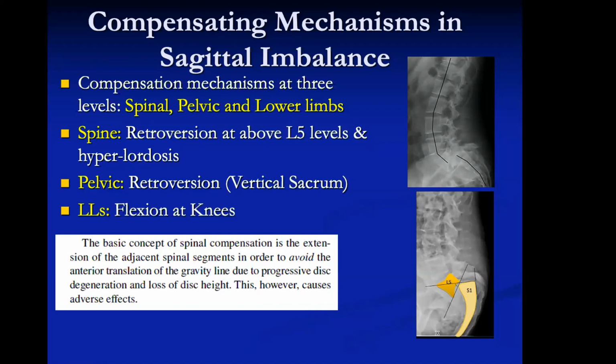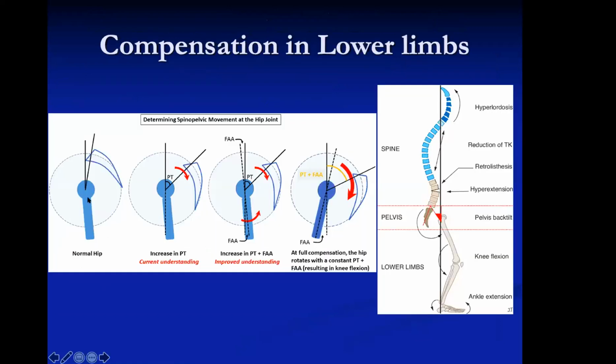When it goes beyond this, where does the compensation occur? It occurs at the level of the knee joint. As you see here, this is a horizontal sacrum. Gradually over a period of time, because of compensation, it is becoming vertical. When the limit of the pelvis to maintain itself vertical is reached, then it is the knee joint which goes into flexion.